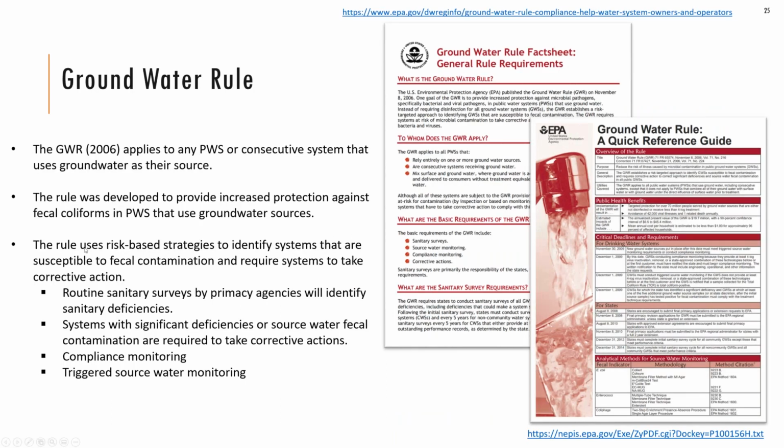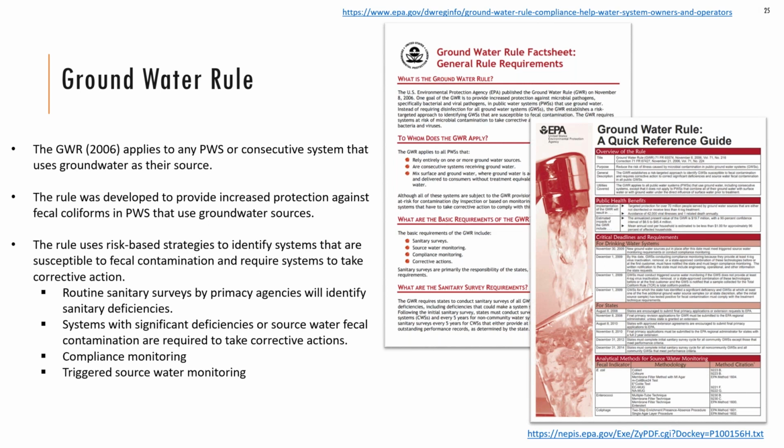The next rule I'll be going over is the Groundwater Rule. This rule, which was implemented in 2006, applies to any public water system or consecutive system that uses groundwater as their source. This rule was developed to increase the protection against fecal contamination for public water systems that use groundwater sources, and reduce the risk of illness caused by this microbial contamination.